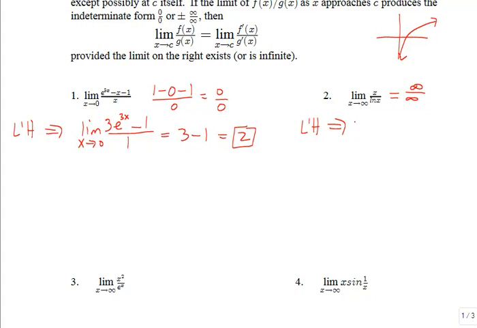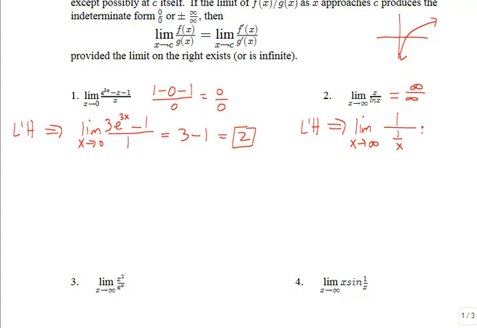This limit here is the same as the limit as x goes to infinity of the derivative of the top, which is 1, over the derivative of the bottom, and the derivative of ln of x is 1 over x. Now you always want to simplify this as much as you can first before you start plugging in. So what is the same as 1 over x?